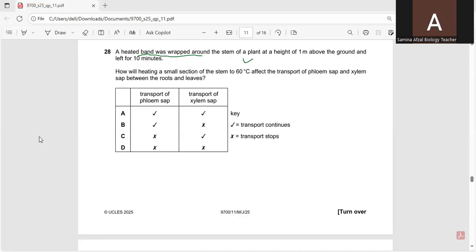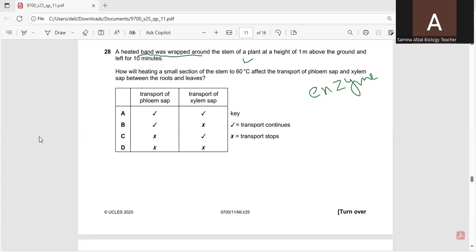These enzymes are responsible for actively loading sugars into the phloem sieve tubes.